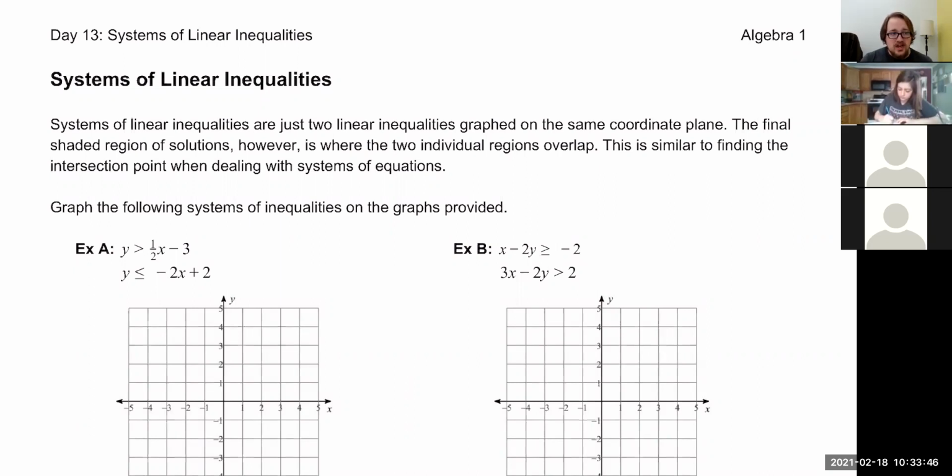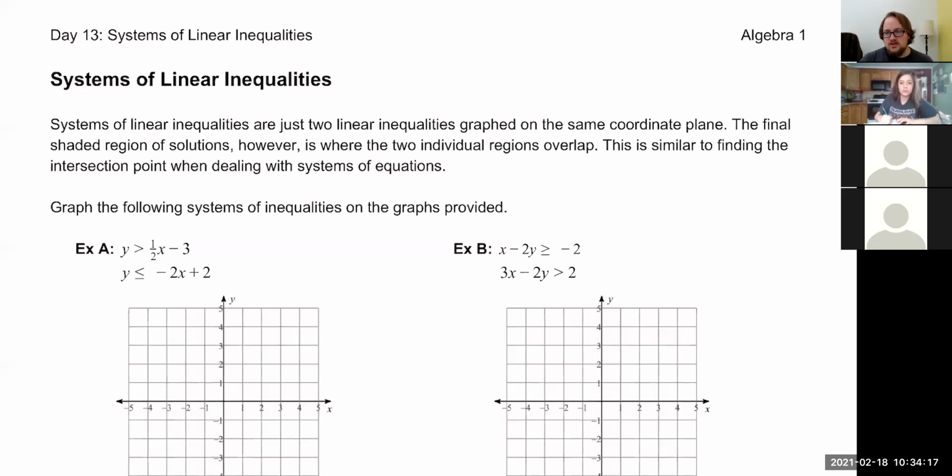So what I usually suggest is start with one of the inequalities and see it all the way through until you finish it, till you get it on the graph. Because otherwise, if you're trying to juggle both of them at the same time, you're going to accidentally take some of the information from one inequality and some of the information from the other inequality, bring them together and make some sort of hybrid inequality without realizing it, and your graph's going to look a bit wonky.